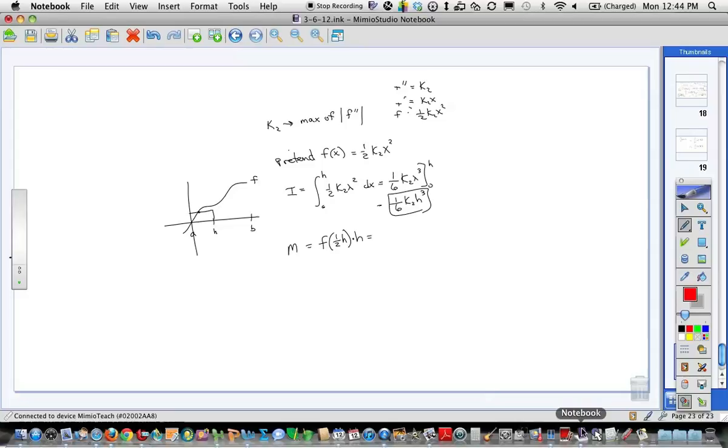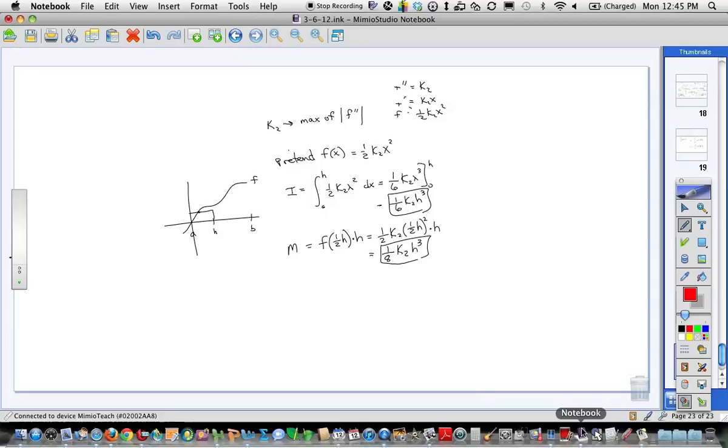This is my pretend function, right? And so let's put a 1/2 h into there. So we'd have 1/2 K2, and then we'd have 1/2 h plugged into it, squared, right? And then times an h, right? So that would be what? When you square that, that'd be 1/4 times 1/2, that would be 1/8. 1/8 K2h cubed. That's what my midpoint rectangle would be.